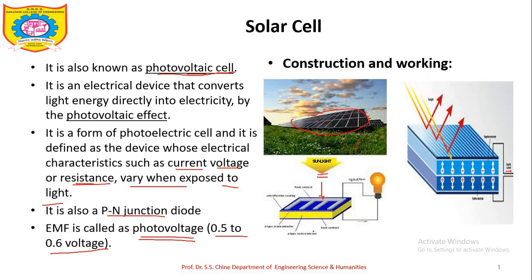The beam of light is incident on the P type layer, the silicon doped with boron. At that time, electrons are promoted from the valence band to the conduction band.